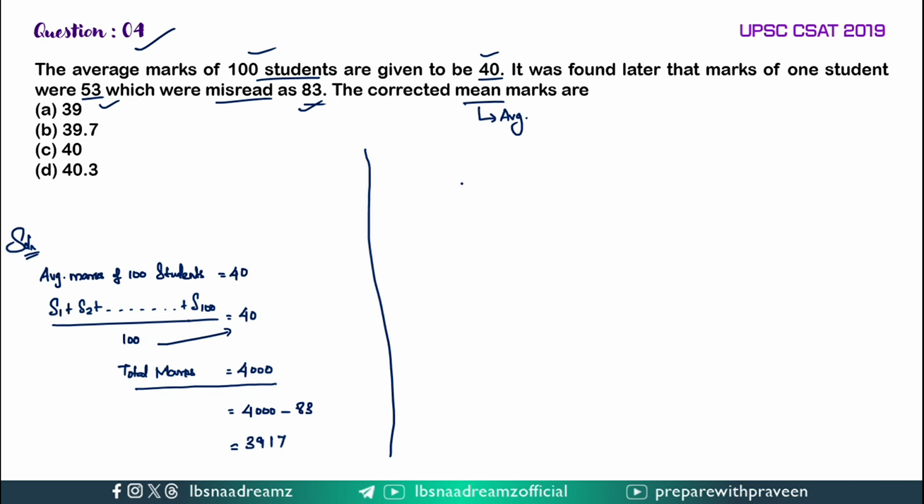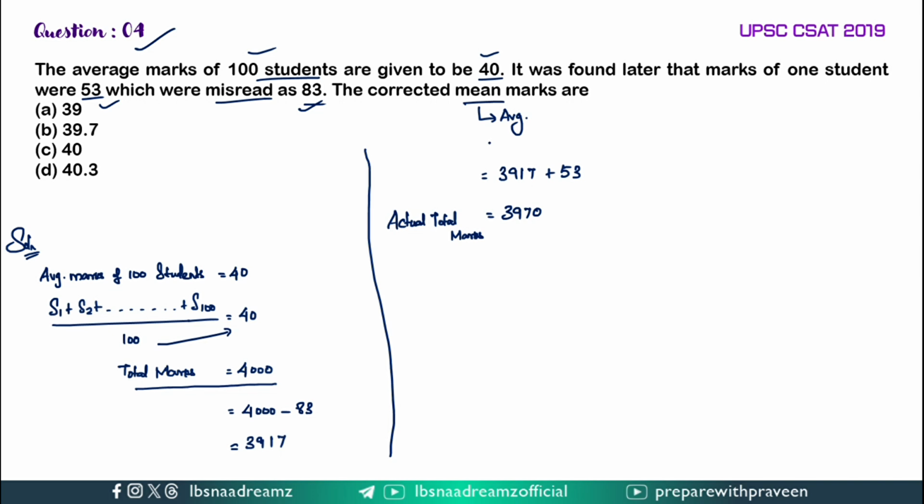Now let us add the correct mark. So 3917 plus actual mark is 53, right? So 3917 plus 53 is equal to 3970. So this is the actual total mark. So actual total marks is equal to 3970.